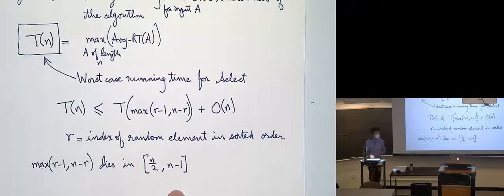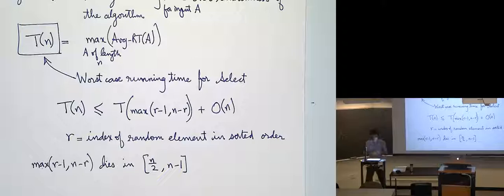If you pick the minimum or the maximum, your size is n minus 1. If you pick the second minimum or the second maximum, your size is n minus 2. If you pick the third minimum or the third maximum, your size will be n minus 3. So on and so forth.